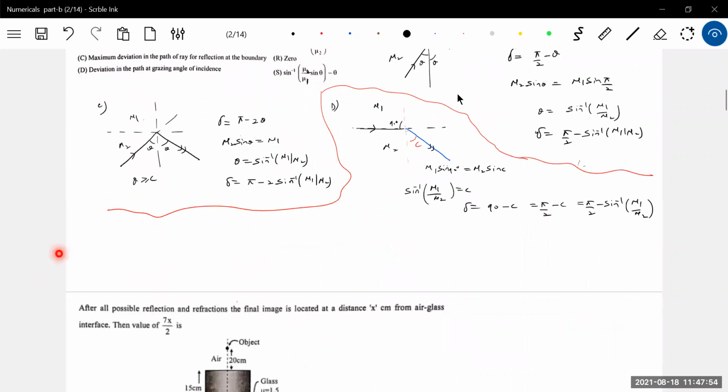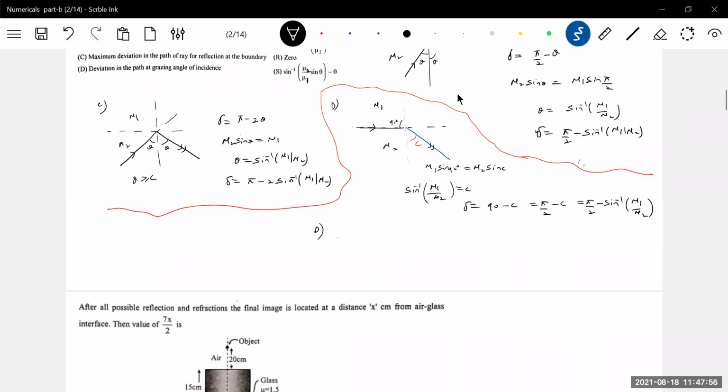Option D, we have done so many problems. I think not analyzing. For critical angle, the ray will be like this, no? Okay, fine. Grazing. Now from principle of reversibility of light, from grazing incidence, the emergent angle should be critical angle.